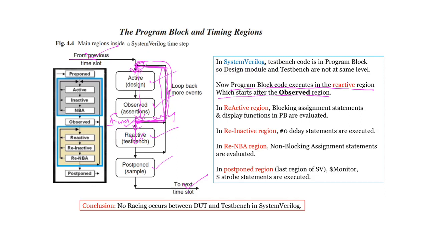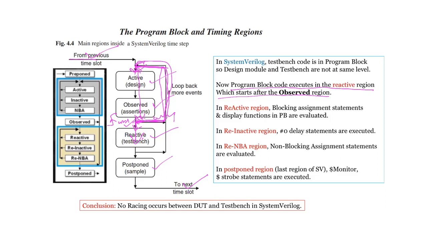So in the reactive region, blocking statements and display functions of the program block are executed. In the inactive region, delay statements of the program block are executed, and in the NBA region, non-blocking assignment statements of the program block are executed.